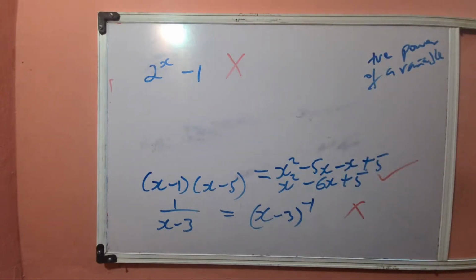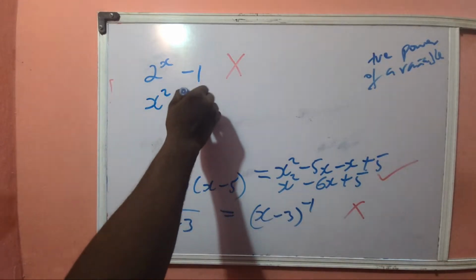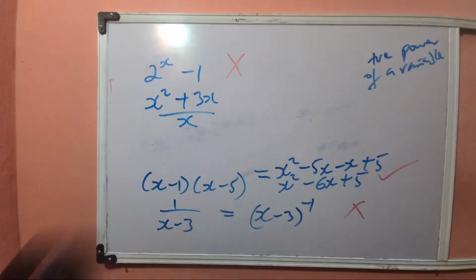So you have to investigate based on the definitions that you were given. All right, let's say we have x squared plus 3x over x. Is this a polynomial? Is this particular expression a polynomial? Let me get intelligent answers quickly. This is how we understand a topic perfectly.